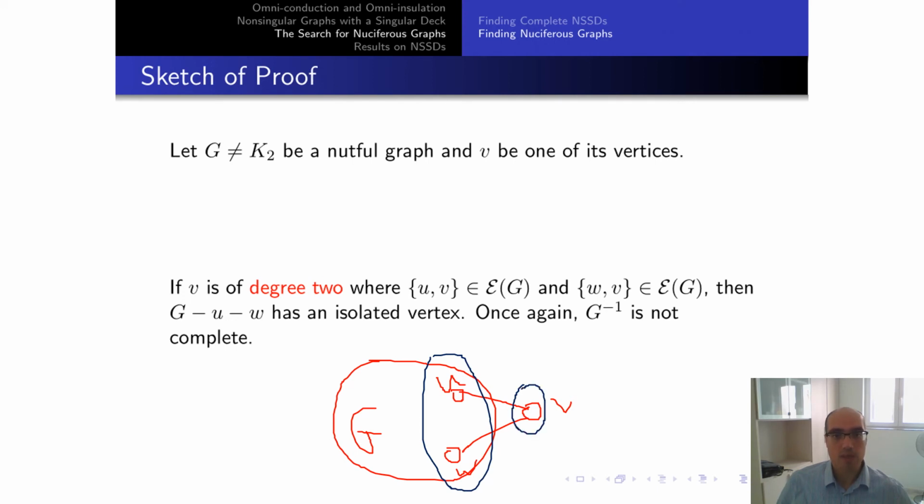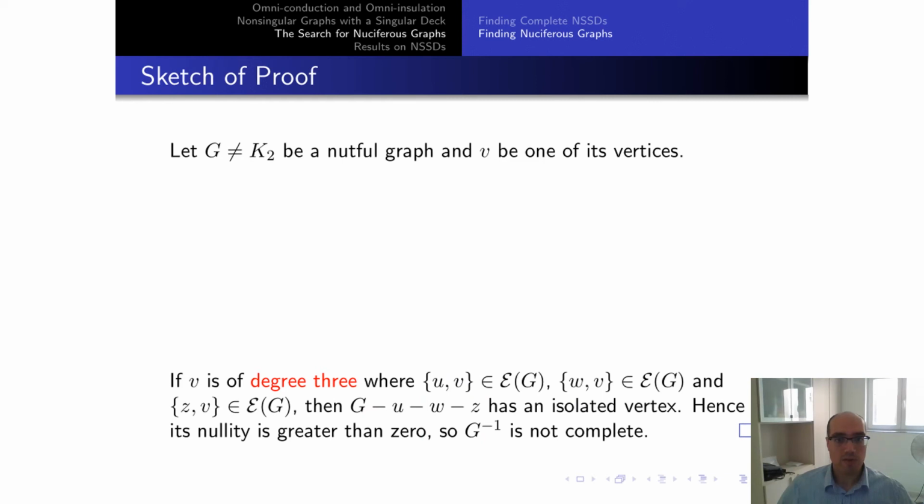We end up with this isolated vertex. So the same argument holds. G minus U minus W is of nullity 2, which means that the inverse matrix must have a non-edge between U and W, so it is not complete. So the original graph wasn't NUT full after all.